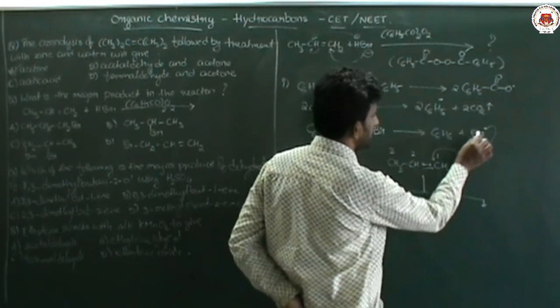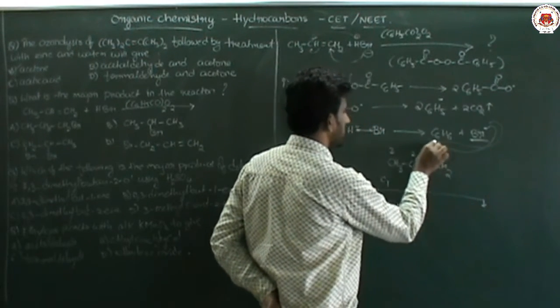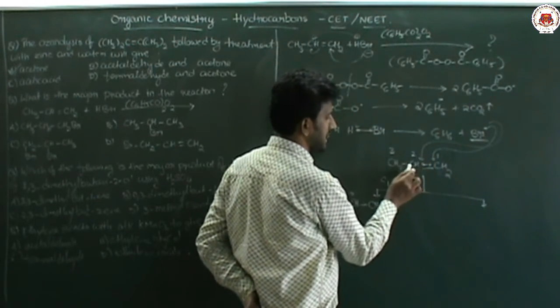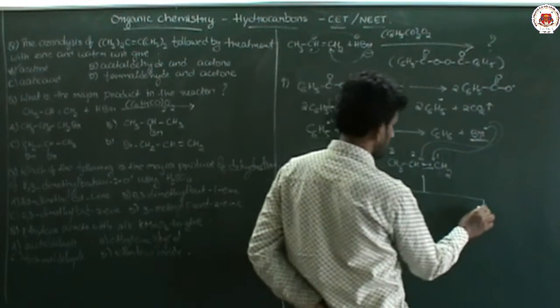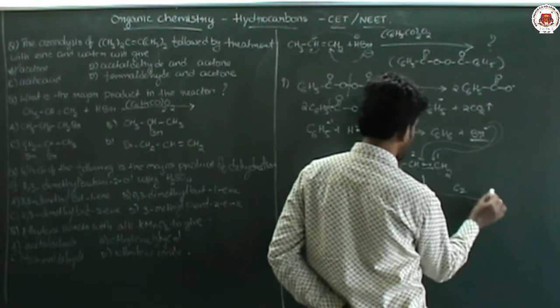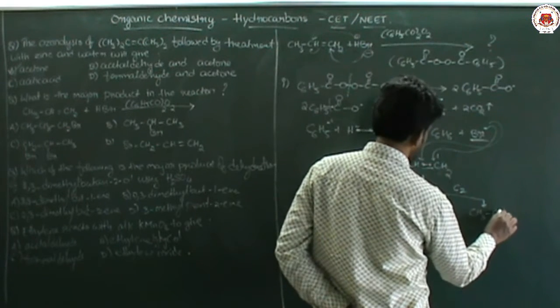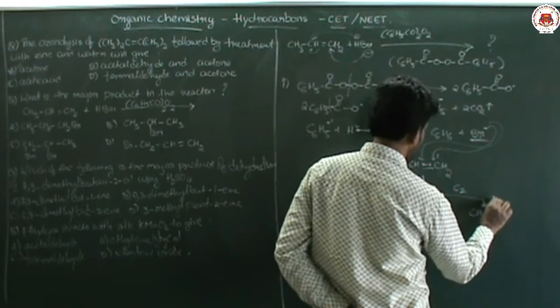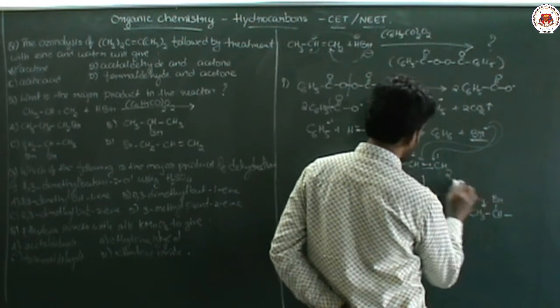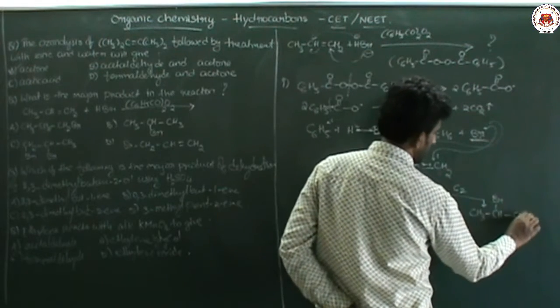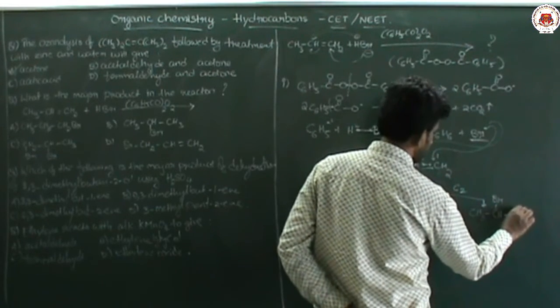Another possibility is that the Br molecule can also react with this radical and bond with C2. Now it can attack on C2. So CH3, CHBr, then this electron remains on CH2 radical.